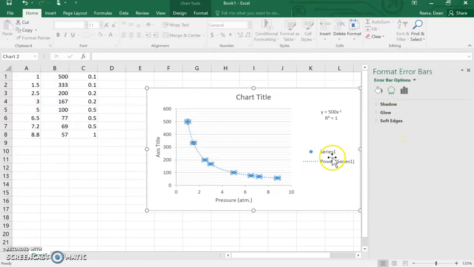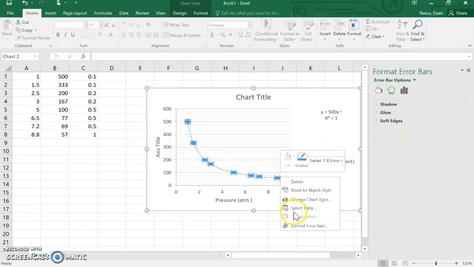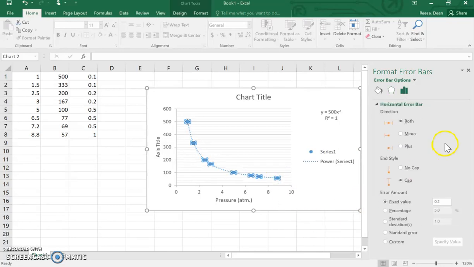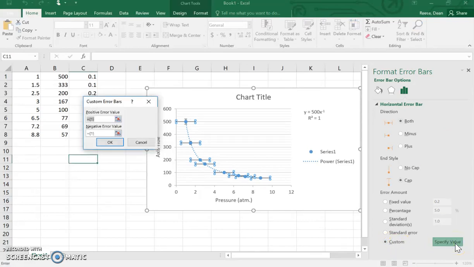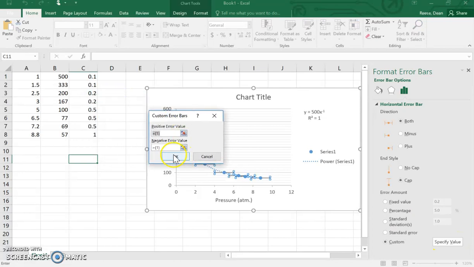I'm going to right click on it, we're going to format error bars, and we're going to go to custom, and specify value. And this chart comes up. So I'm going to delete what is given for positive error bars, and I'm going to highlight all of this. And I'm going to come over here and delete what's put in for negative, and highlight all of this. And I'm going to hit OK.